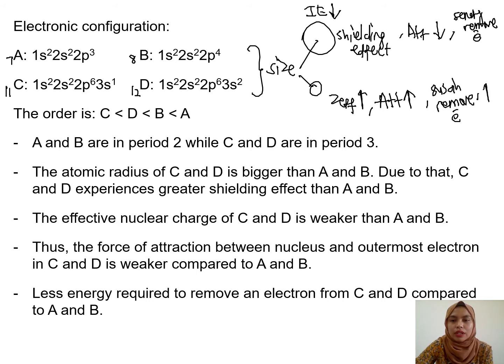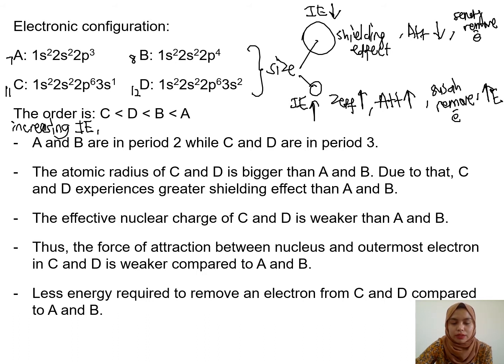Yes, you will require more energy to remove the electron. So when it requires more energy to remove the electron, therefore the ionization energy will be increased. Okay? So the order of increasing ionization energy will be C, D, B, and A.